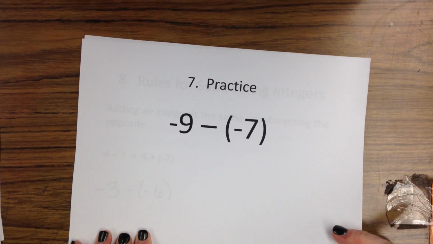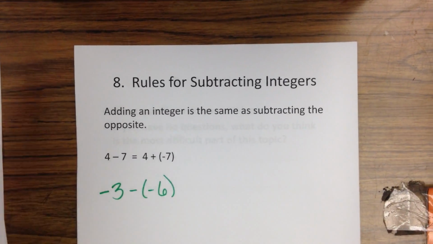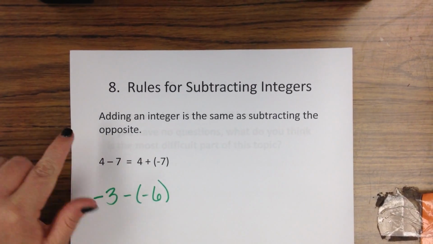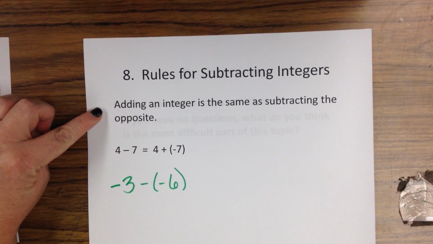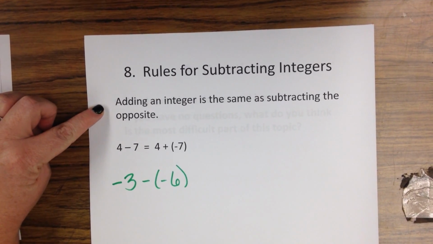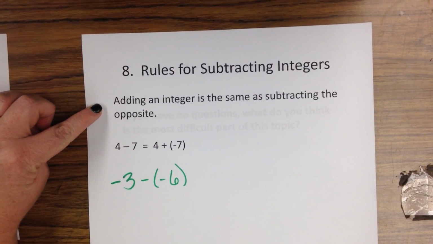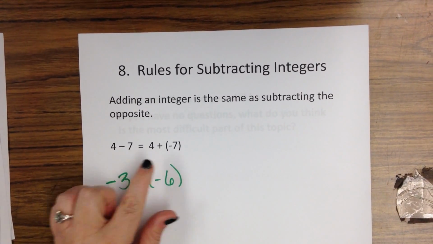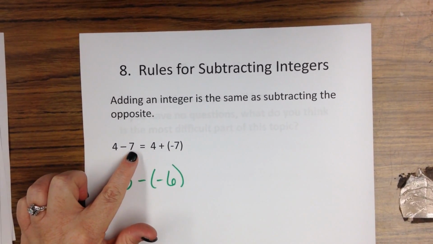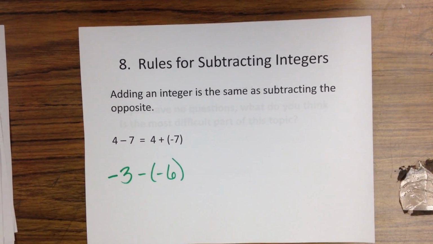All right, and Monica is going to come over here and help me model this next one. Okay, remember your rules. I want you for number 8, you may need to pause your video and write this down. Adding an integer is the same as subtracting the opposite. So the opposite of my positive 7 was negative 7. So 4 minus 7 is the same as 4 plus a negative 7.